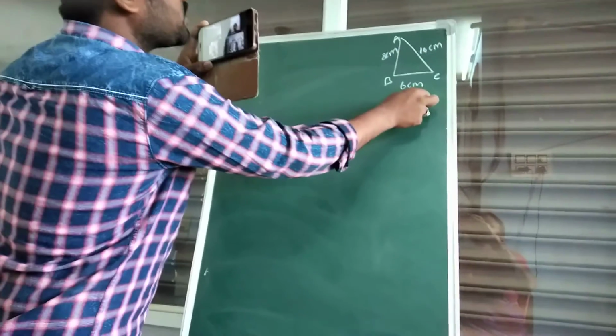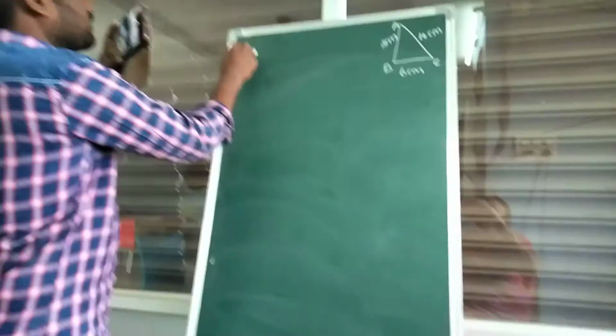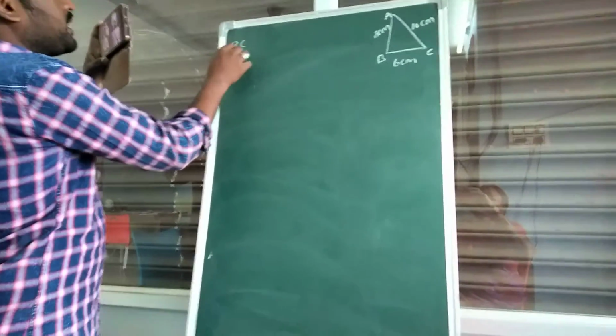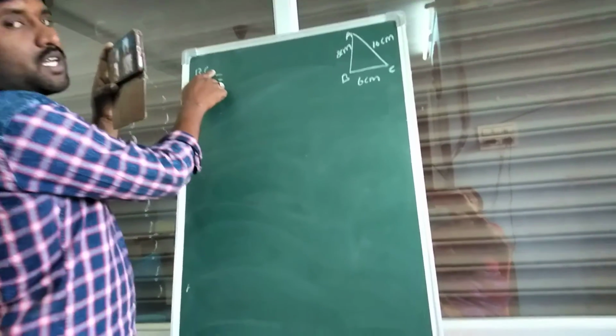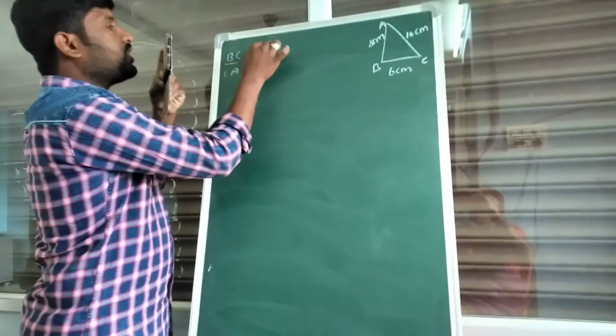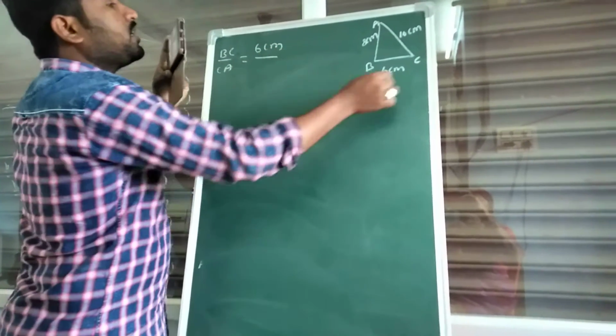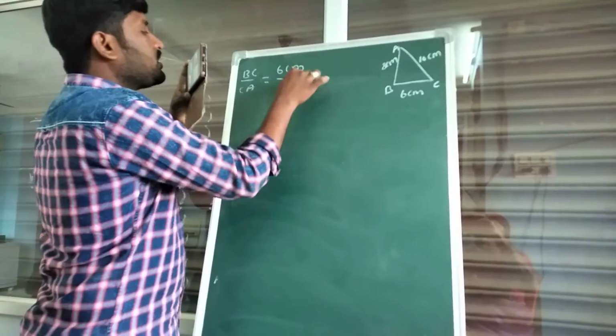Consider these two sides. Now I am considering these two sides, that is BC, CA. BC by CA is equals to, BC means what then? That is 6 centimeter by CA means what then? That is 10 centimeter.